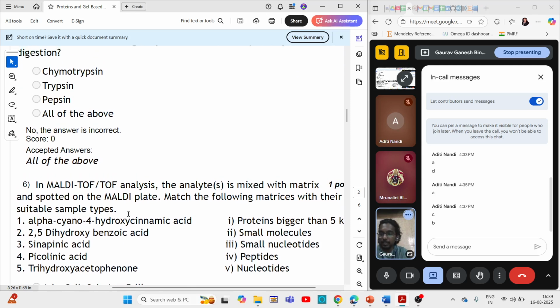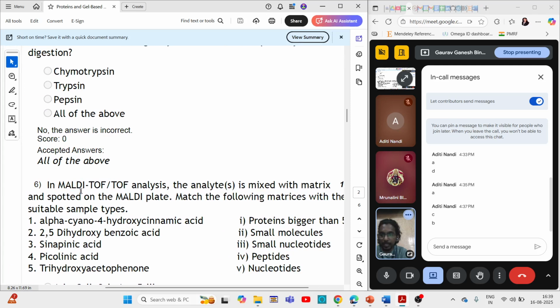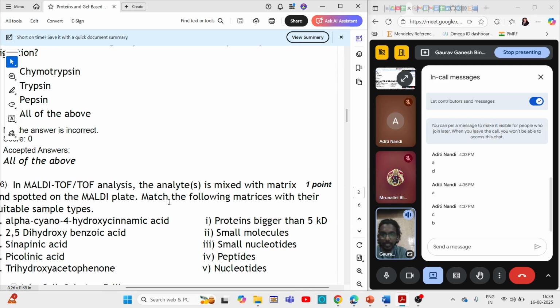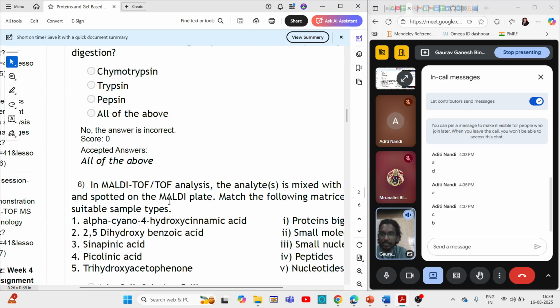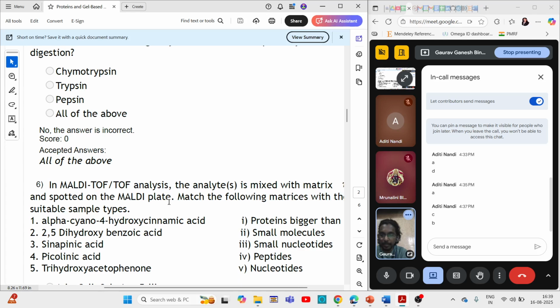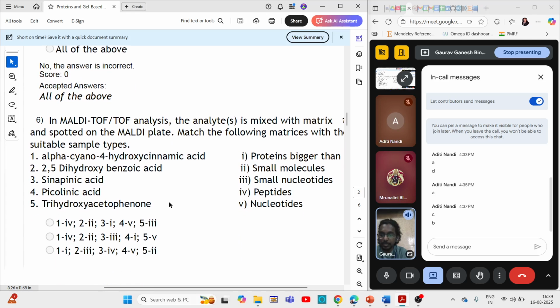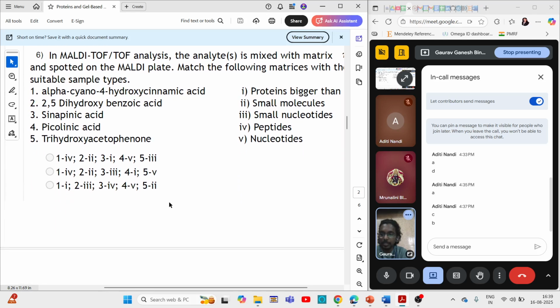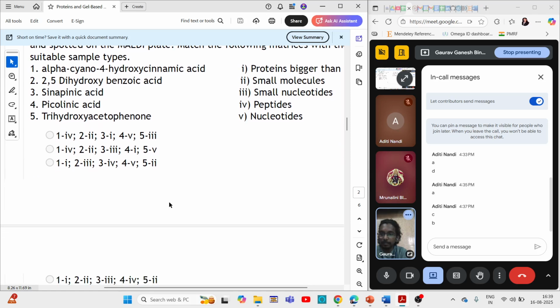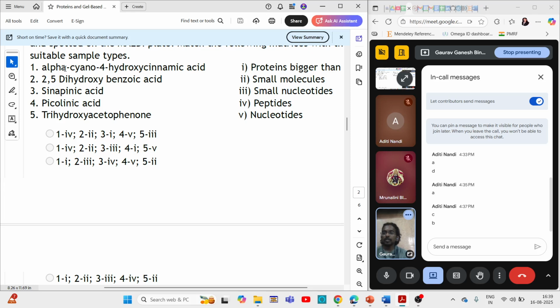Okay. So now in MALDI-TOF analysis, the analyte is mixed with the matrix and spotted on the MALDI plate. Match the following matrices with their suitable sample type. Okay, so these are the options. Yeah. So the first one, sinapinic acid.